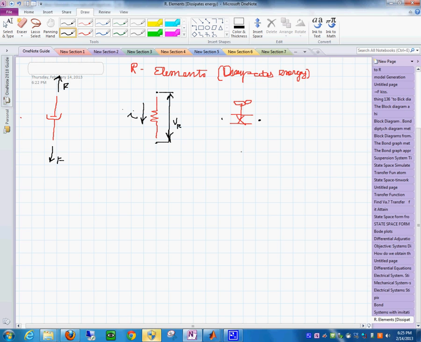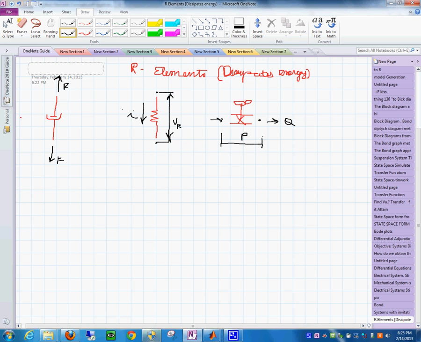In this case, we will have a difference in pressure between those two points. We're going to call the pressure P, and the flow of the fluid is going to be Q. So you have this resistive element in the mechanical version, the electrical version, and the hydraulic version.